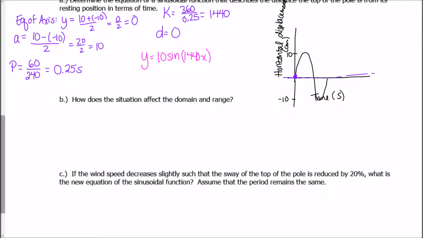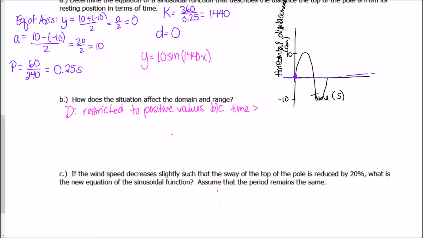Part B, how does the situation affect the domain and the range? Well, it's going to affect the domain and the range in the sense that the domain is our time right here, so our time can only be positive values. So our domain is restricted to positive values because time needs to be positive.